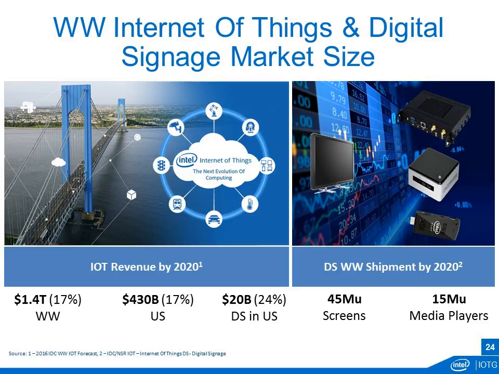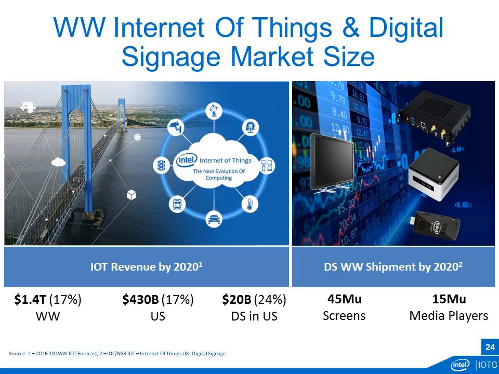And processing that information and providing great data insights is the key business model around Internet of Things. And per IDC and other sources like NSR, IoT revenue by 2020 is about $1.4 trillion US dollars worldwide, and $430 billion for US alone.